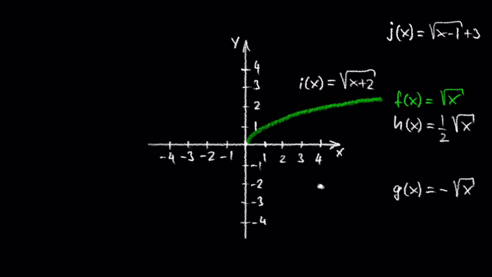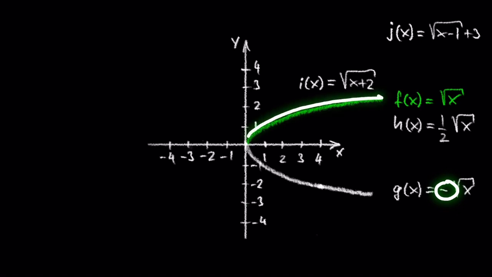So every output of the standard square root function is going to be negative. In other words, the negative sign in front of the square root reflects the graph of the standard square root about the x-axis.